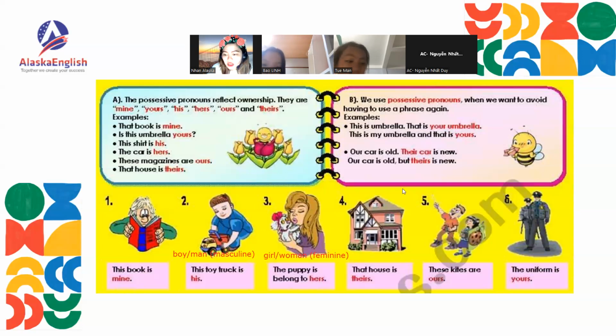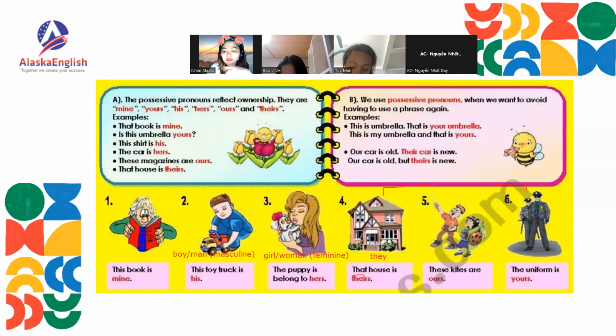Let's talk about the plural form. Okay, so number 4, Baoling. That house is theirs. And it replaces the pronoun they. We are describing they, plural in form, the other set of people.